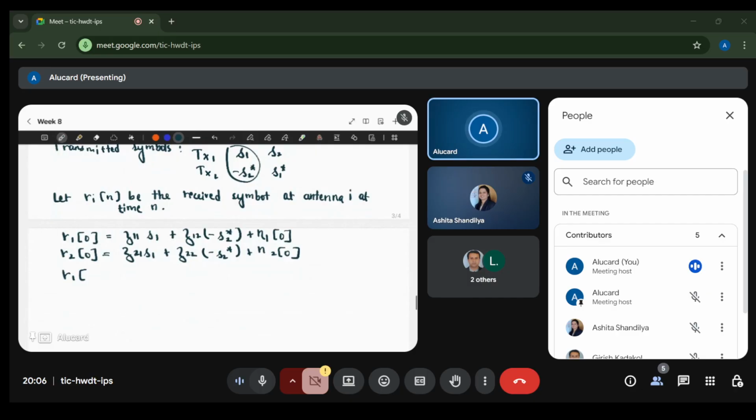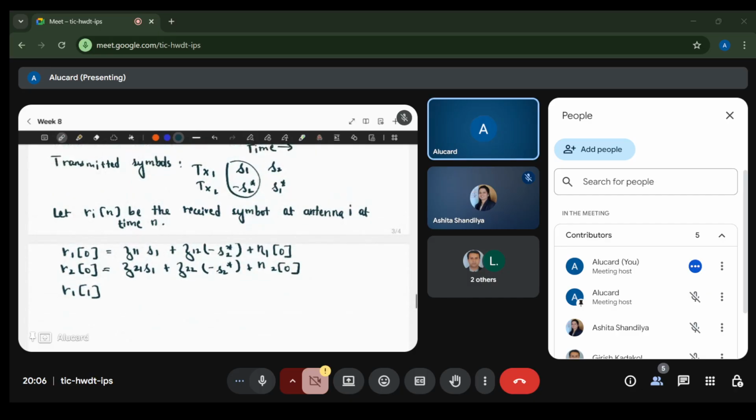Then at time instant 1, when TX1 is sending S2 and TX2 is sending S1 conjugate, R11 is Z11 S2 plus Z12 S1 conjugate plus N11. R21 is Z21 S2 plus Z22 S1 conjugate plus N21.